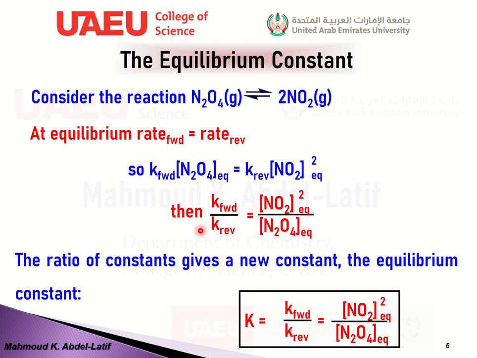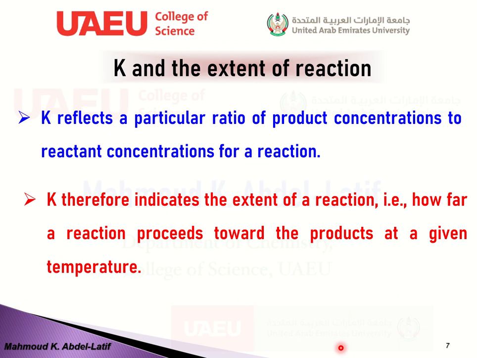These are constants, and their ratio can be replaced by uppercase K, which is called the equilibrium constant. It is given by this equation: the concentration of the products, each to the power of its number of moles, divided by the concentration of the reactants, as you see.